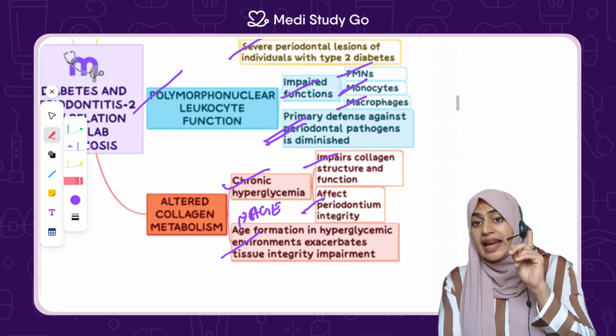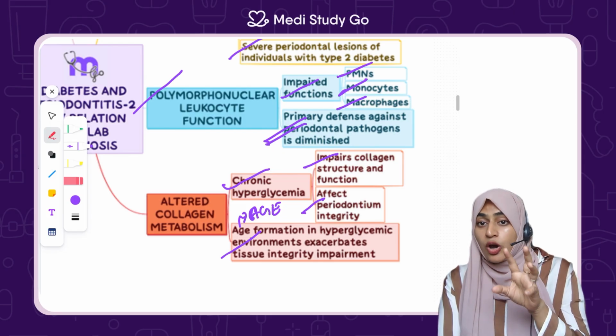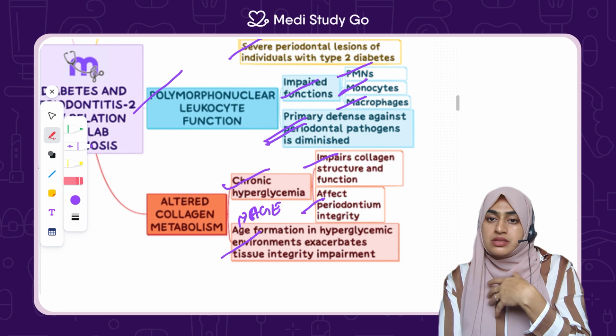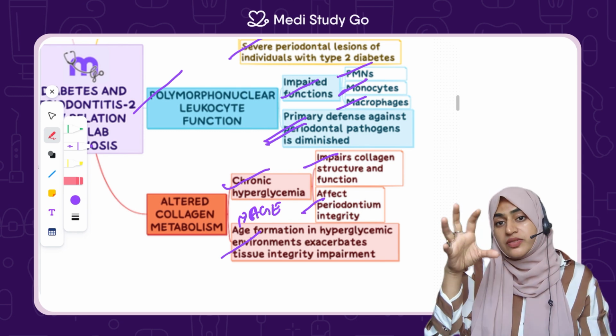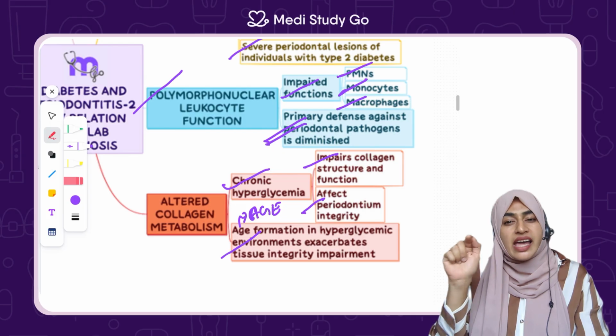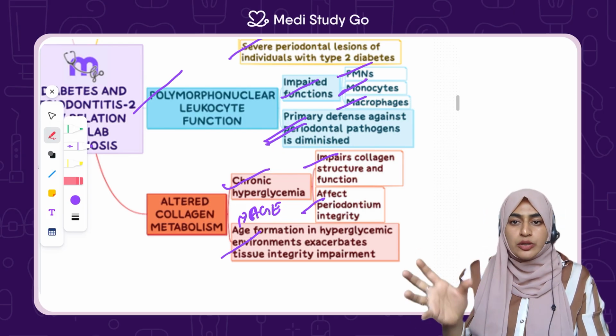It has an effect on the collagen protein, which does not allow healthy collagen fiber synthesis. Because of the weakened collagen fiber synthesis, there is definitely a friable gingiva. If you touch the gingiva, it's very soft, so you can make that out.